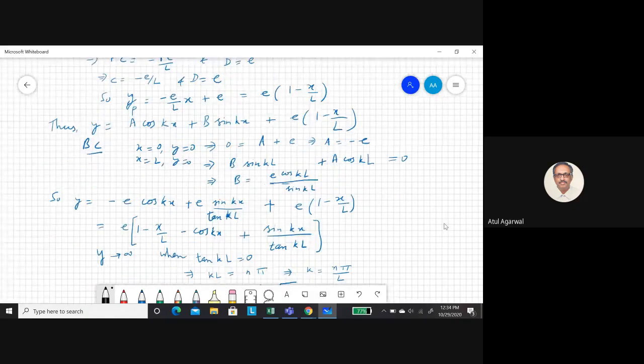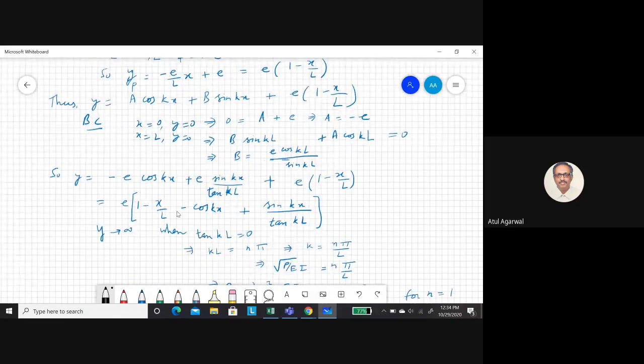So you will see these terms are of finite value. But this term here, you see sin kx upon tan kL. If your kL becomes equal to pi by 2, you will have tan pi by 2. Sorry, if kL is equal to 0, then tan 0 is 0, or kL is equal to pi.